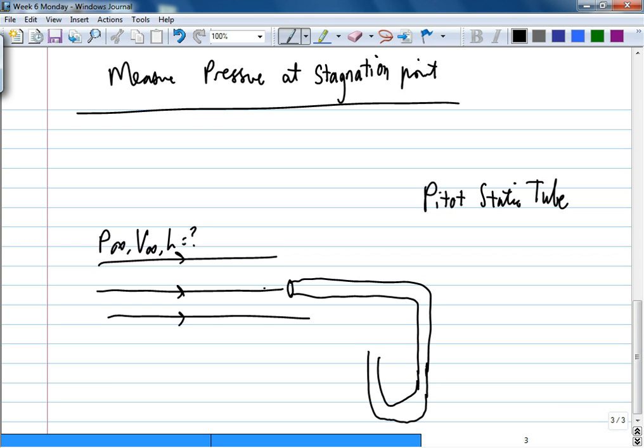Once there's manometer fluid in here and the pressure inside increases, initially there could be some flow going in, but once the pressure inside is high, it will stop the flow from going in. So the high pressure at that opening of the tube will stop the flow from coming in. So at point 1, can I say the velocity at 1 is 0?